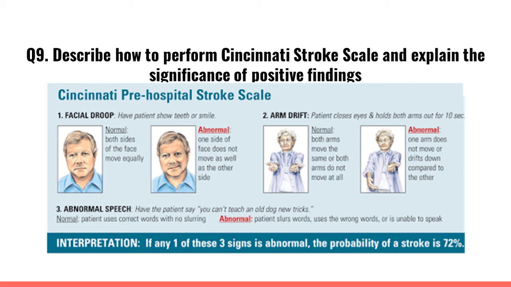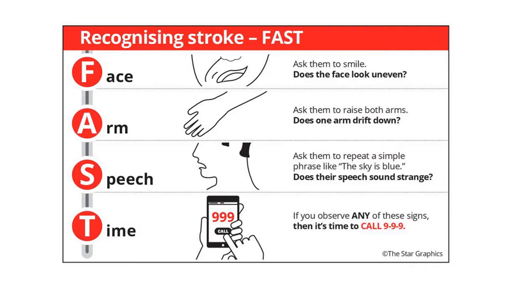If the patient shows slurred words or uses the wrong words or is unable to speak, then it is positive for abnormal speech. The interpretation is, if any of these signs is abnormal, the probability of a stroke is 72%.